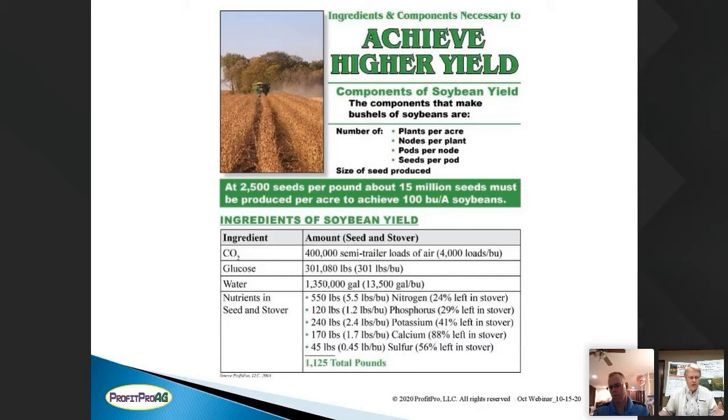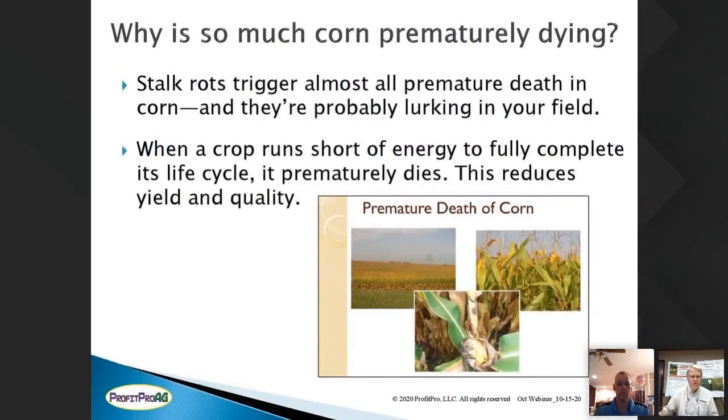But look at the nutrients: 24% of the nitrogen, 29% of the phosphorus, 41% of the potassium, 88% of the calcium, and 56% of the sulfur stays in the residue. So again, it's tying up a lot of resources.